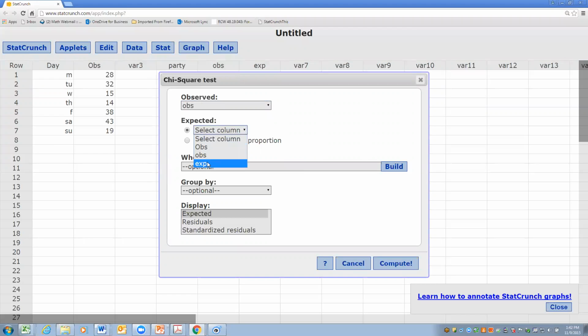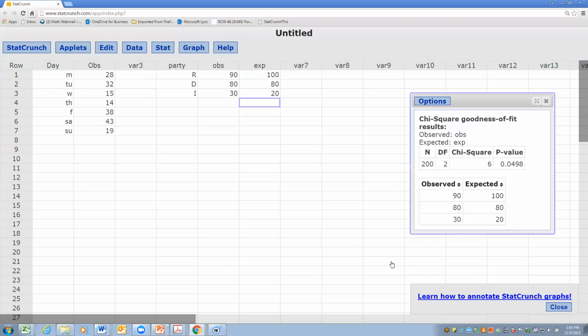The expected is in the expected column, and I can compute. And notice that I end up with this chi-squared test statistic value of 6 and a p-value of 0.04098. So we were just under the 0.05. So it's greater than 0.01, which was our level of significance. Because this is greater than 0.01, we would fail to reject.